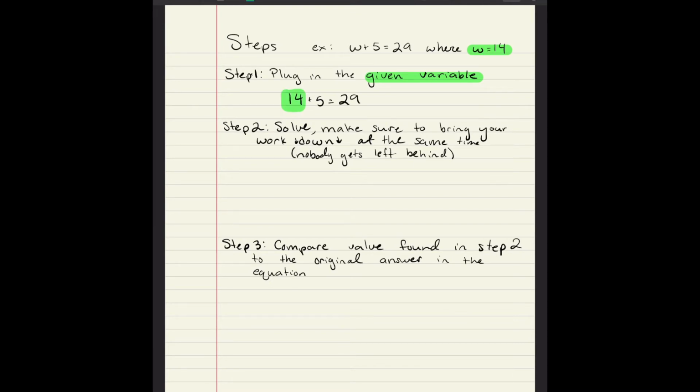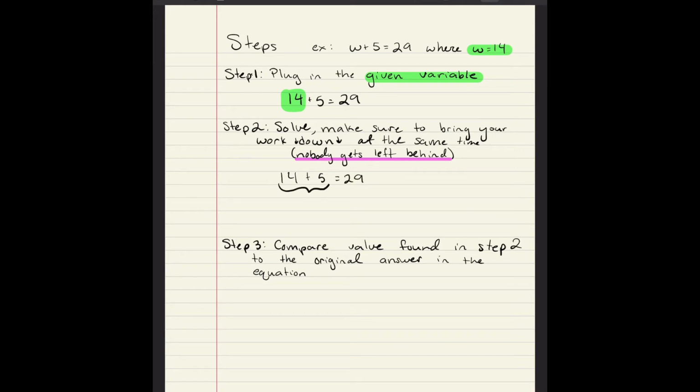Step 2 is to solve and to make sure to bring your work down at the same time. We want to live by the motto, nobody gets left behind. Meaning in the problem, we have 14 plus 5 equals 29.